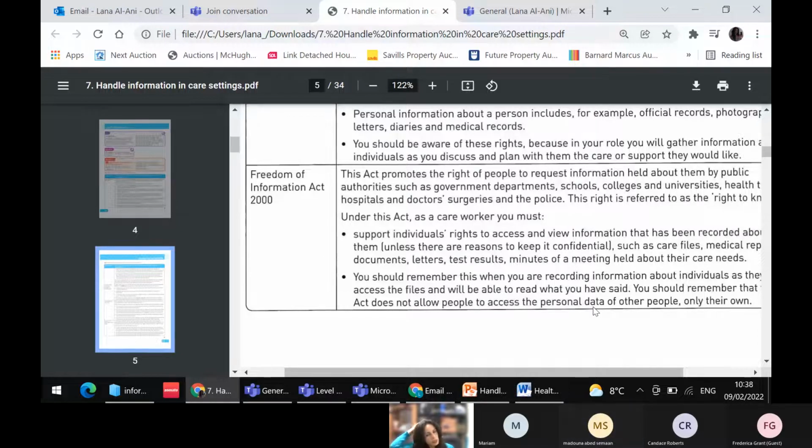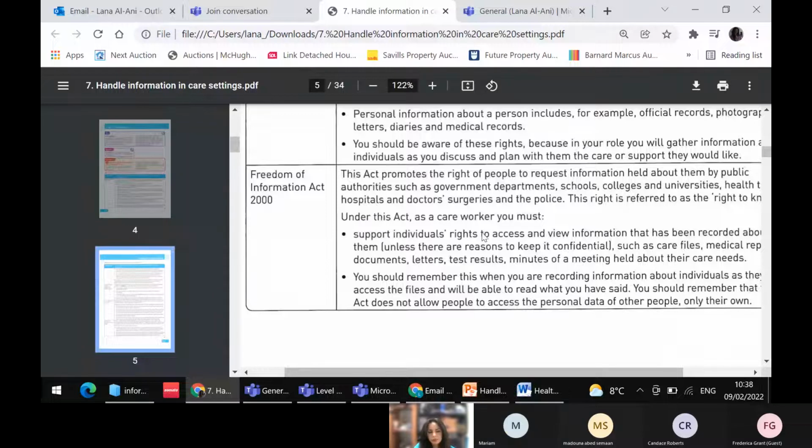So when you say freedom of information, you should always remember that you support others when they want to access their own information. However, you don't allow others to access someone's information without that person's consent. Is this okay? Understood? Yeah.